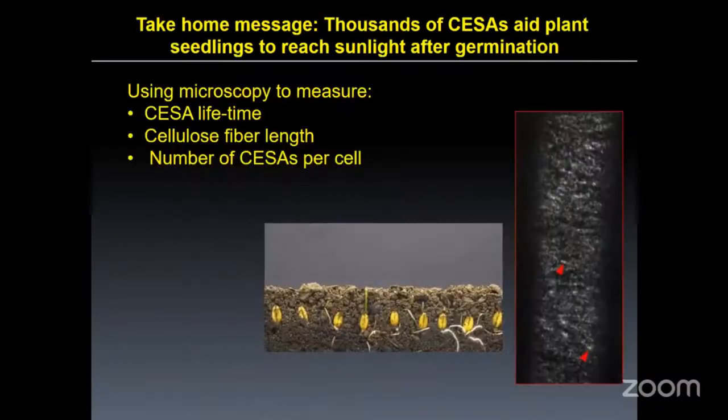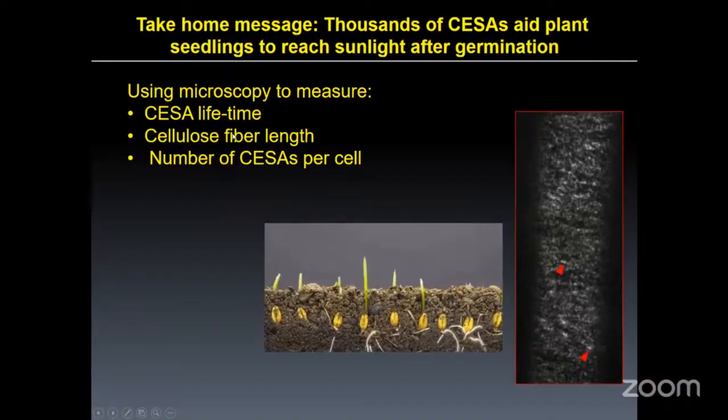All right, so using microscopy, we've actually learned a lot about how these cellulose synthases are regulated during this process. Using a trick where you bleach a certain region of the cell and look at how fast cellulose synthases are repopulating the area, we can calculate, for example, how long the cellulose synthases are active at the cell surface.